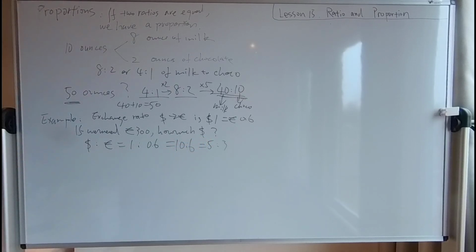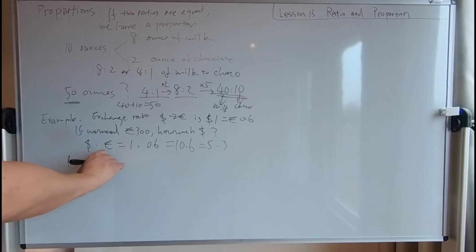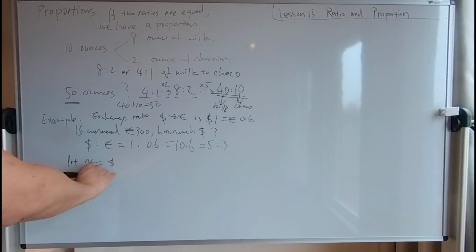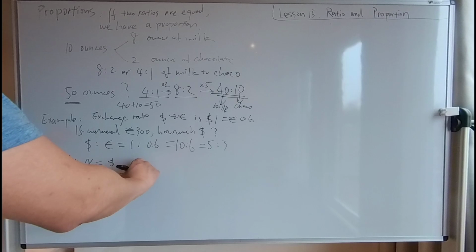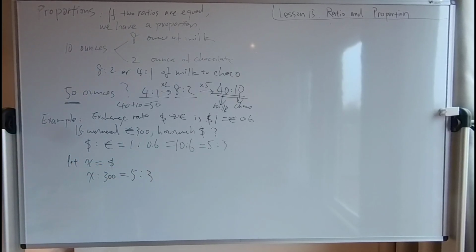Now I need 300 euro. How many dollars do I need if I let x equal the number of dollars? Then my x versus 300 should be the same ratio as this exchange rate, 5 versus 3. Right?